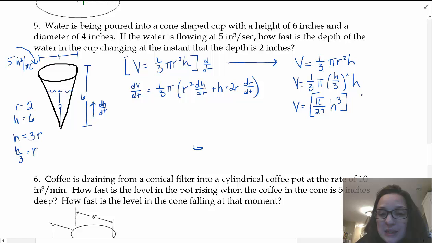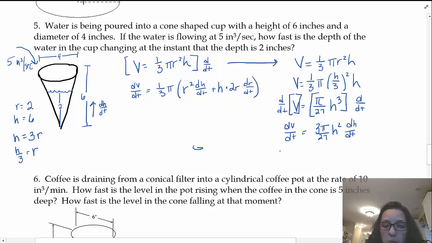And then when I take d dt of both sides, I end up with dV dt equals 3 pi over 27 h squared dh dt, which really says, okay, dV dt is the rate of change of the volume of the cup, and I'm increasing the volume of the water in the cup by 5 cubic inches per second.